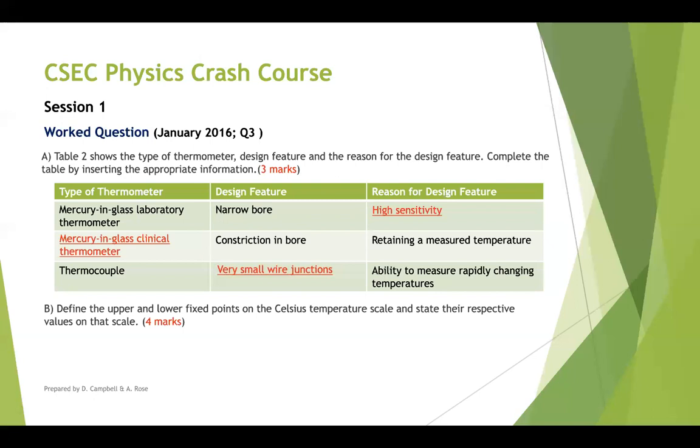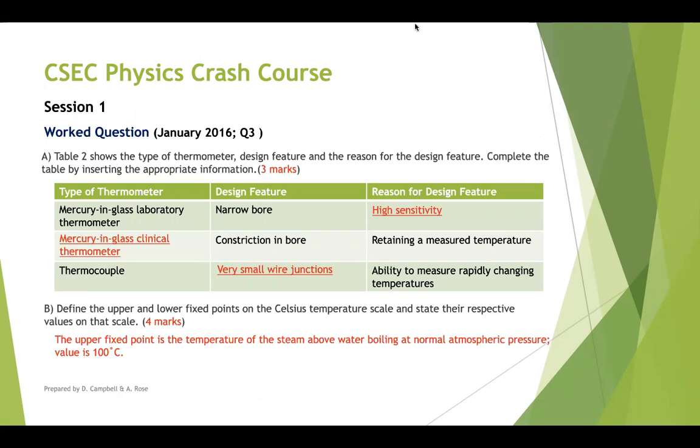Define the upper and lower fixed points on the Celsius temperature scale. So remember back in the table, we had talked about the upper and lower fixed points. The upper fixed point is the temperature of the steam above water boiling at normal atmospheric pressure.